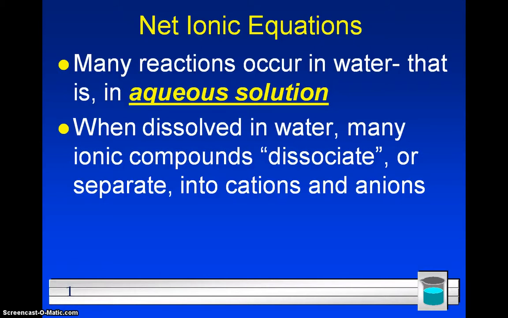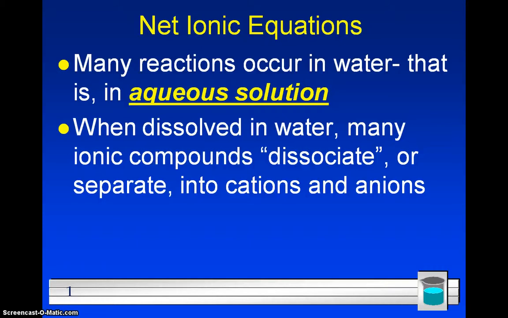Essentially what you have is a soup of ions in water. That they are dissolved in water is what makes the reaction rate a lot greater. They can move around, they can come in contact with each other, but sometimes reactions happen and sometimes they don't. We know that a reaction will happen if those ions recombine into a product that is insoluble and form a precipitate.